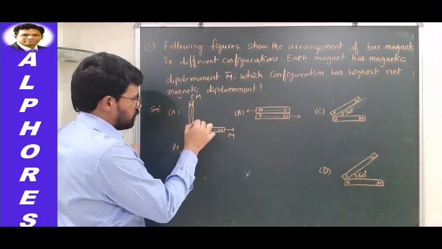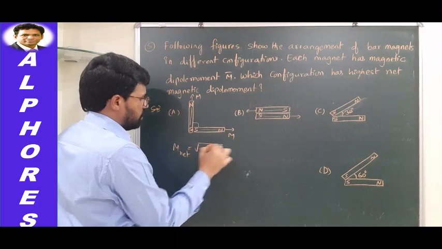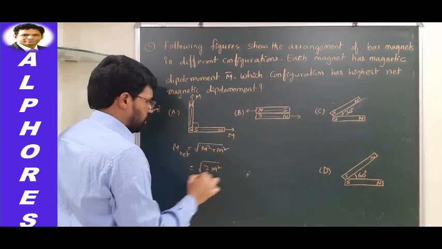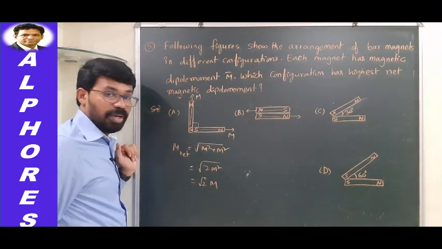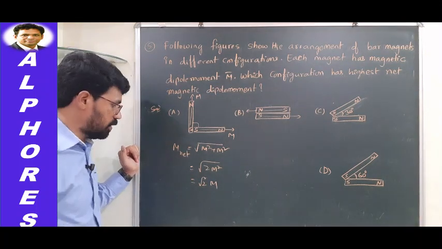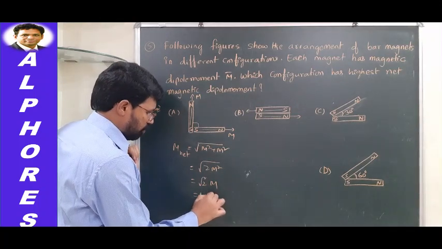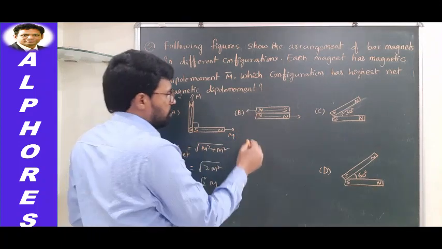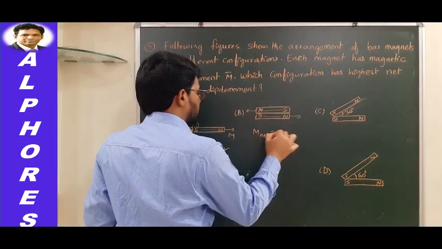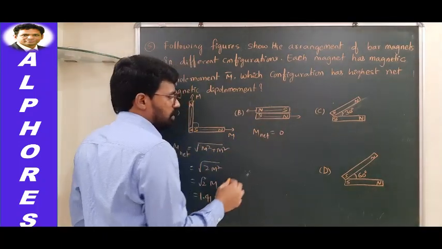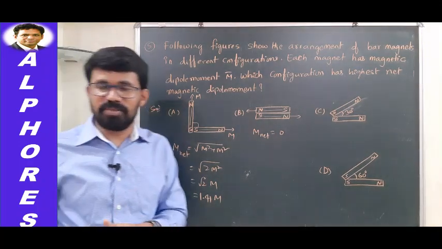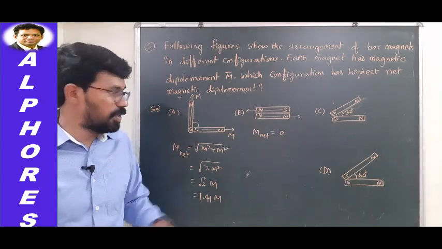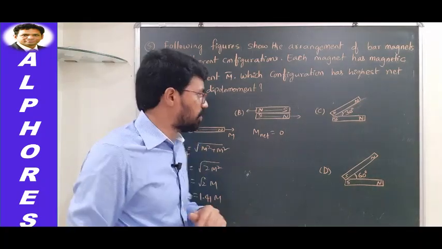So m net in this case, since the angle between these two is 90 degree, it is expressed as under root m square plus m square, root 2 m. That is the resultant magnetic moment. Or you can express this as 1.414m. Coming to this one, just now I told you m net is 0 here because both are opposite in direction. When they are opposite in direction, resultant magnetic moment is expressed as m1 minus m2. Here m1 and m2 both are same, so m minus m is 0. So the net magnetic moment in this case is 0.